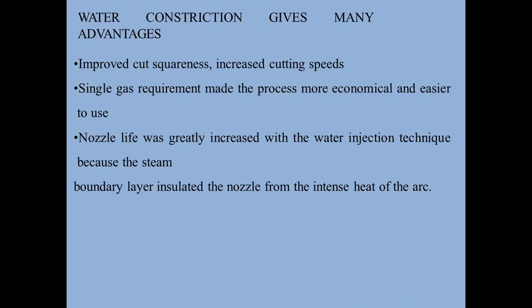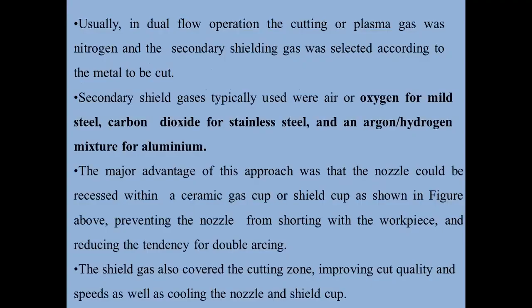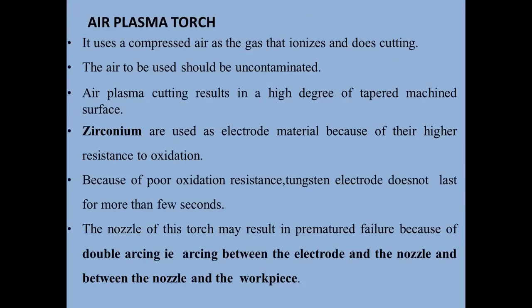If cost is a major criterion, we may go for water, or for just normal machining or rough cuts, we can go for air plasma. Whatever the situation suits for the machining, we'll go with that setup. These are the three types of torches which are used in plasma arc machining.